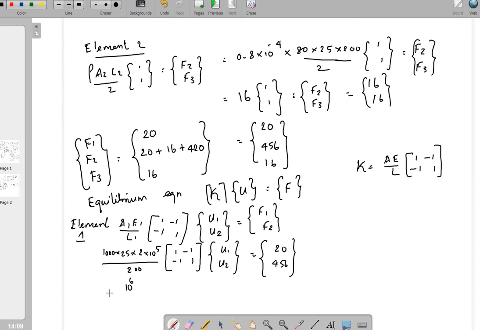It is 2 into 2.5 into 10 power 6. I am keeping 10 power 6 as a common factor and I multiply 2.5 into the inside of this matrix. So 2.5 minus 2.5 minus 2.5 and 2.5, times U1 U2, which is equal to 20 and 456. Keep this as equation number 1.